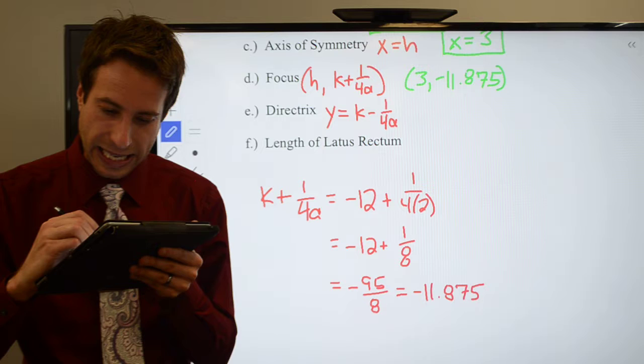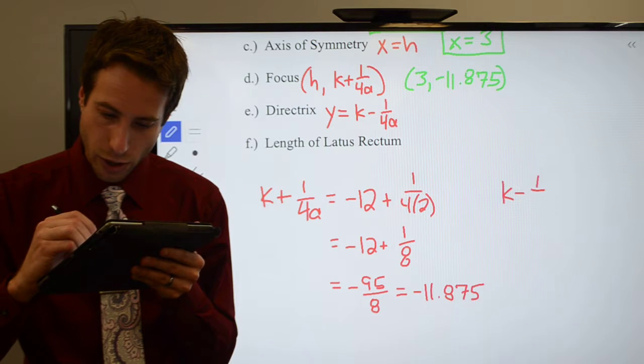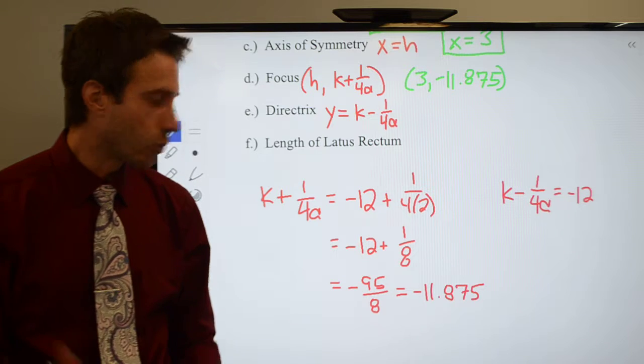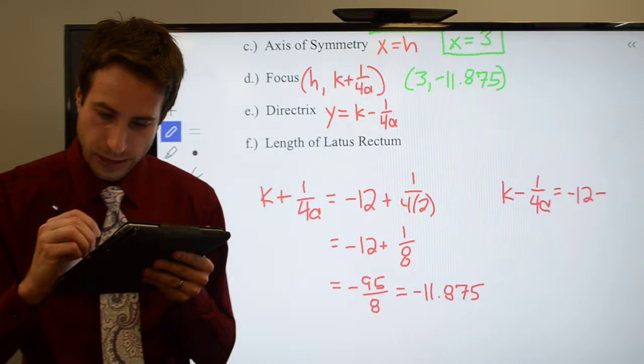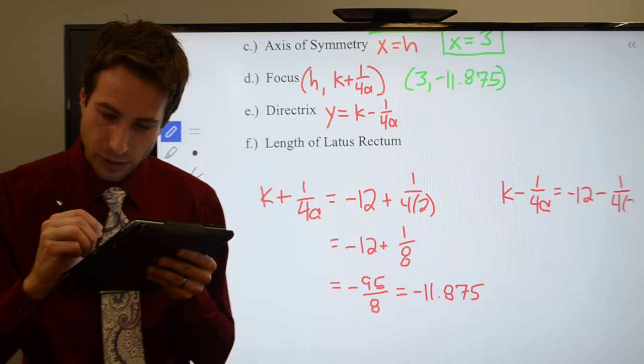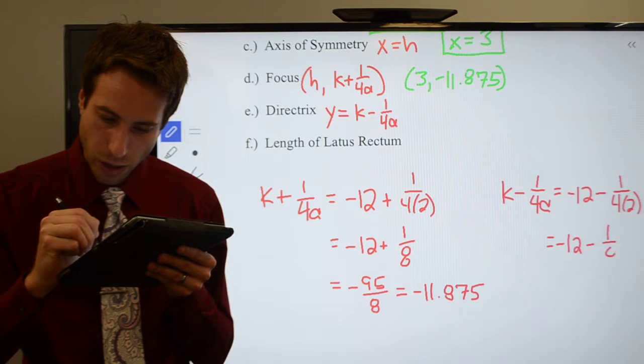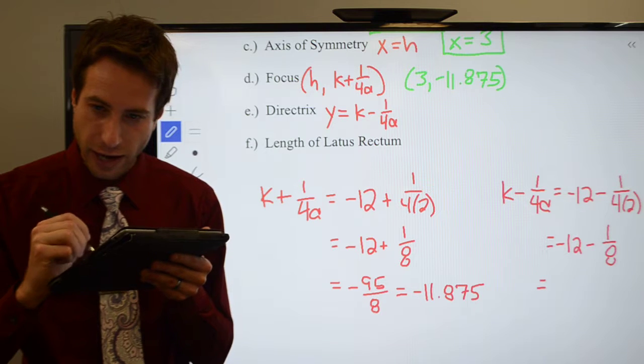My directrix. Well, let's go ahead and do that. The directrix is at K minus 1/4A. Minus 1/4 times 2, which means I have -12 minus 1/8. Use a calculator if you need to.